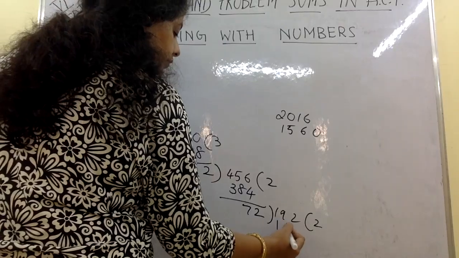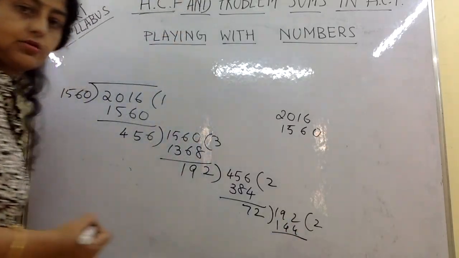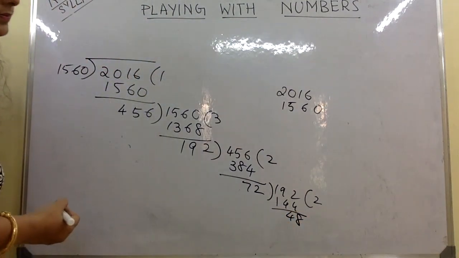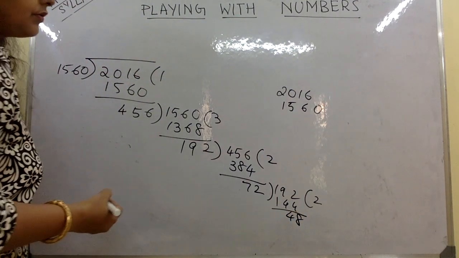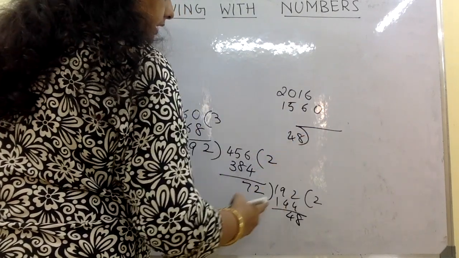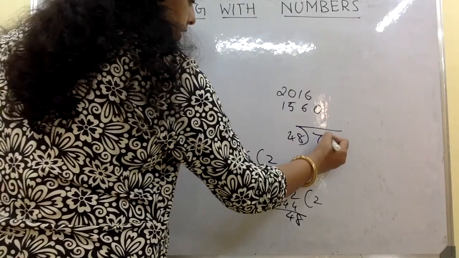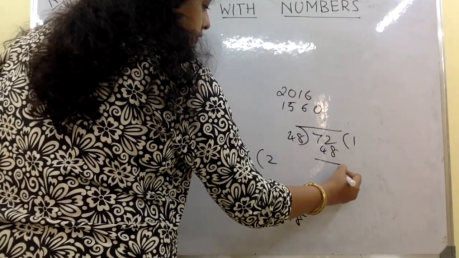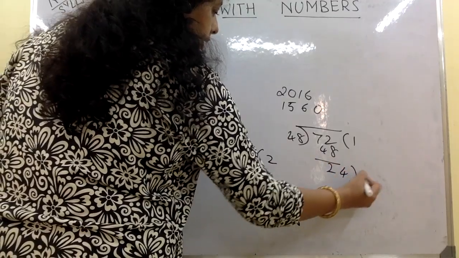So 144, and that leaves 48. Now 48 will divide the previous one, which is 72, once. This is 4 and 2 and 48.